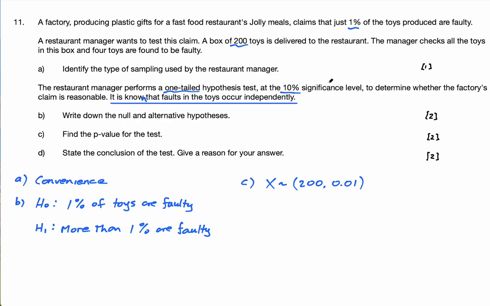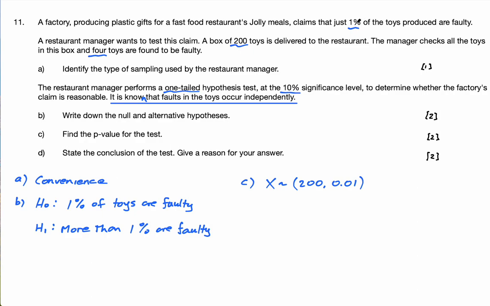Then what's the p-value? Well, how many toys were found to be faulty? It was 4. But because it's a one-tailed test, we're looking at what is a reasonable amount of toys to be faulty.